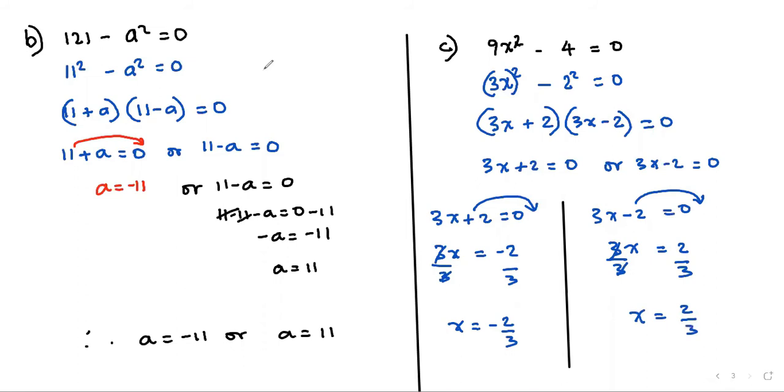So this means that our solution is that x equals negative 2 out of 3, or x equals, let me write it this side, my page is finished, x equals 2 out of 3.